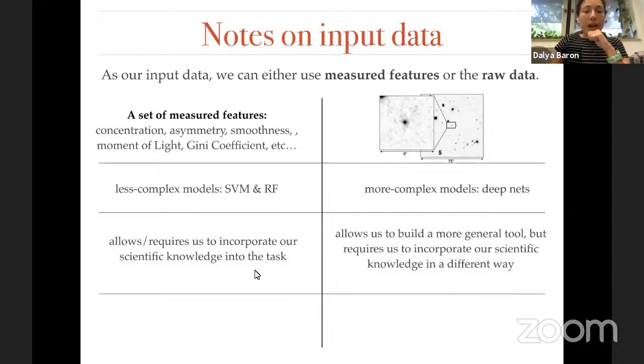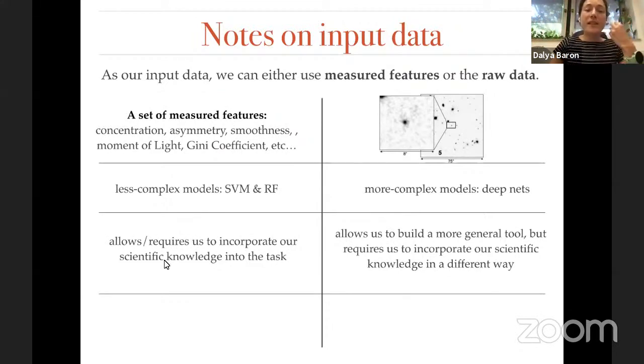In terms of our scientific knowledge, so when we use a set of measured features, I list here allows and requires because it is both an advantage and a disadvantage to incorporate our scientific knowledge. So it's an advantage because if I study galaxies and I understand galaxies, I can build a list of properties, of measured features that are indicative of the morphological class of a galaxy.